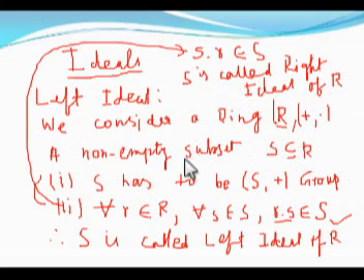So what is the definition of ideal? It can be that the left ideal and right ideal are not equal. But if they are found equal, then we have the simple definition of ideal.